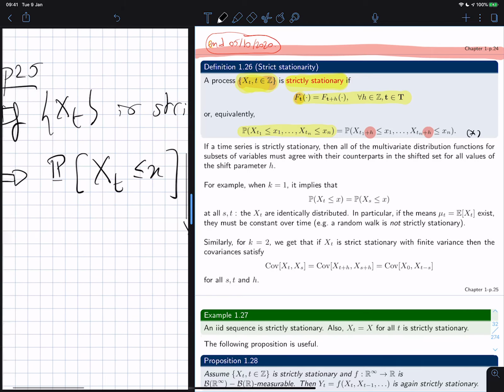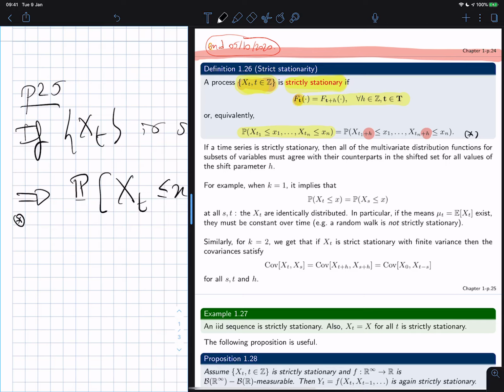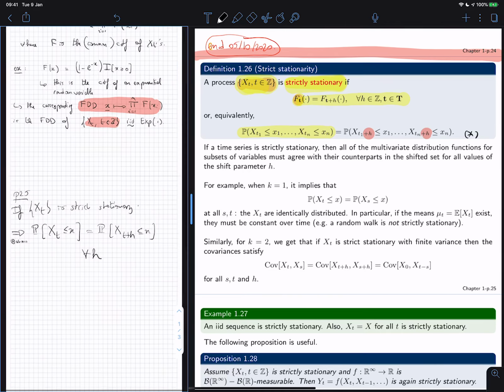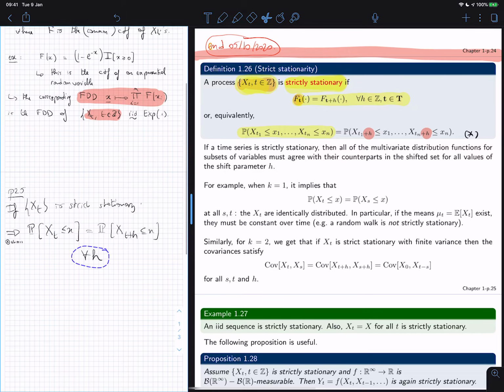I've just taken star at n equal to 1. So if your process is stationary, all the marginals will be the same.